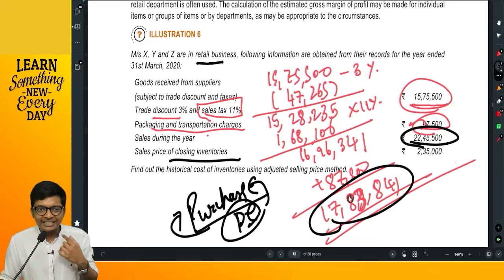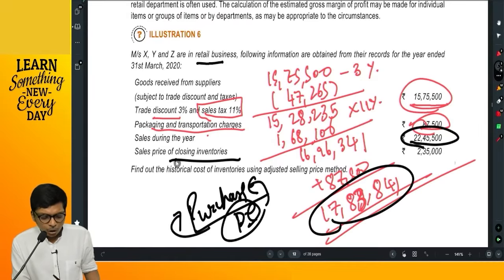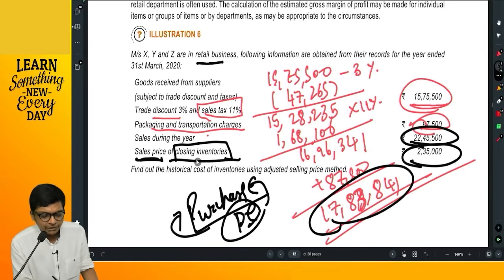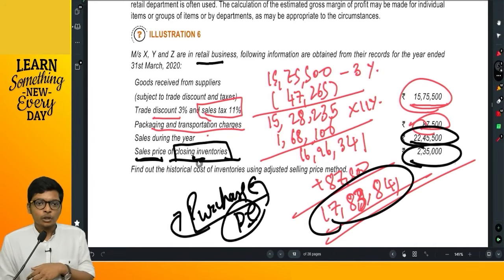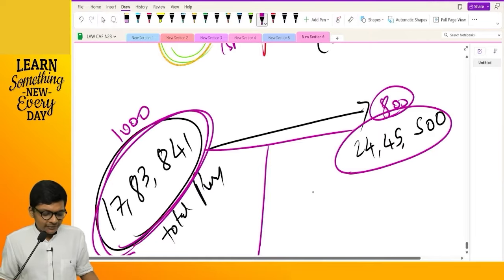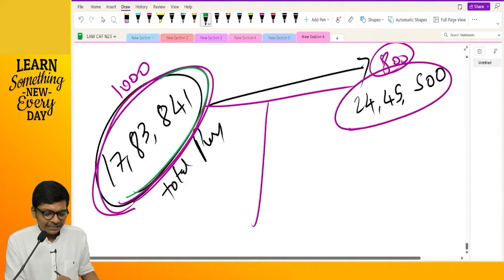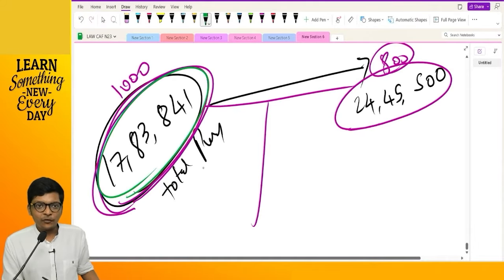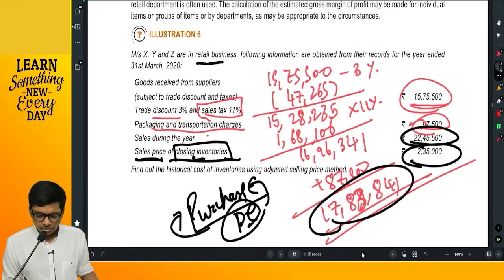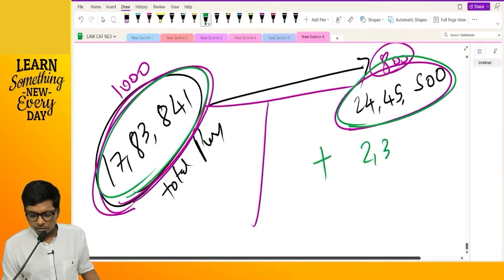If I sold the closing inventory, I would have realized how much? 2,35,000, because the sales price of closing stock is given. So if everything I purchased was sold, I would have purchased for 17 lakh 83,841 and sold for 24 lakh 45,500 plus 2 lakh 35.